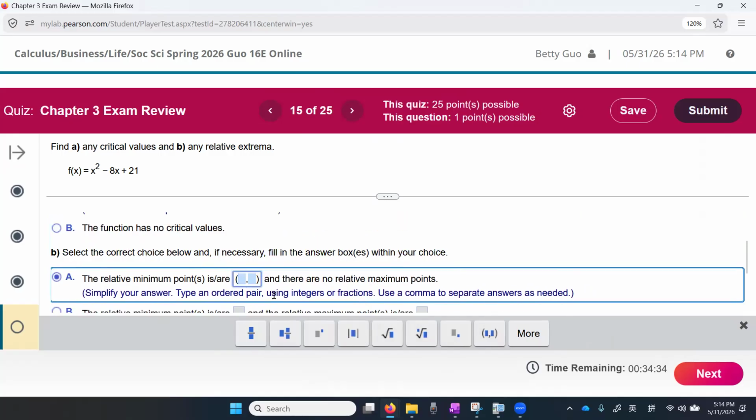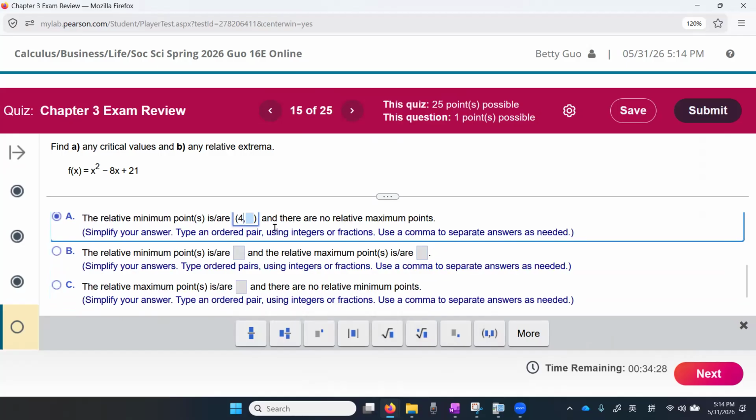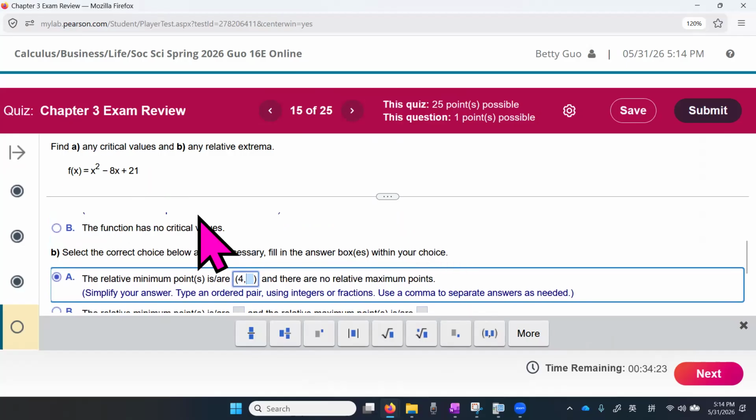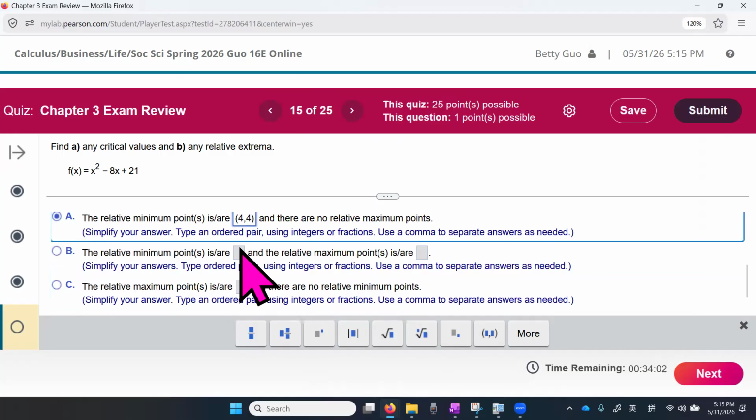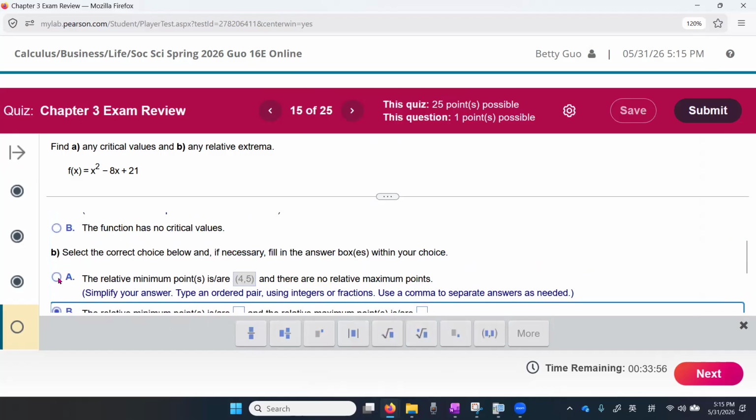We're going to have 4. And what is the y value? I have to plug in here. 4 squared is 16. 16 plus 21 is 37. 37 minus 32 is 5. Choose this one.